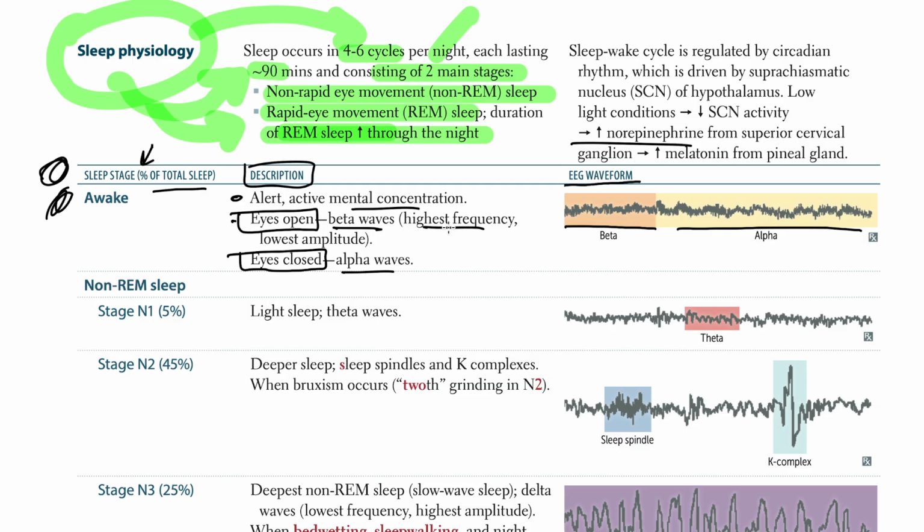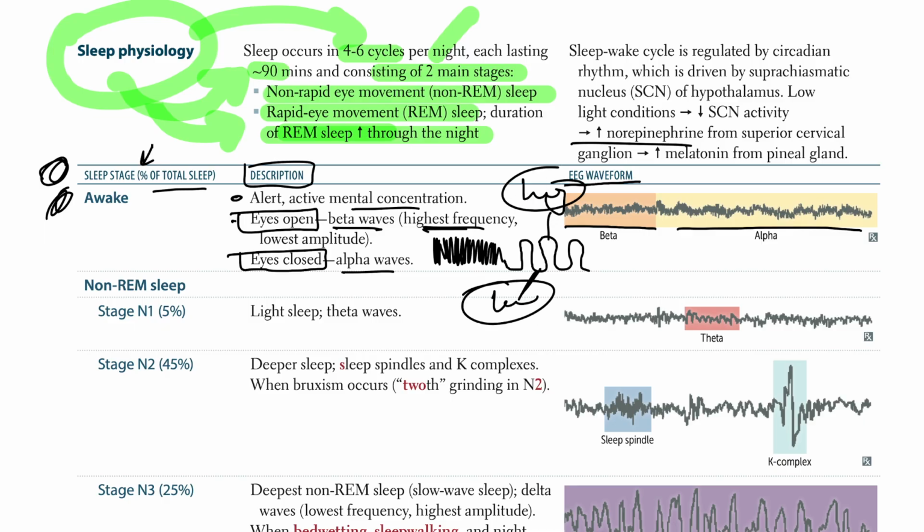So what they mean by high frequency and low amplitude is, high frequency is this, like it's a high frequency. A low amplitude is, for example, this is going to be low amplitude and this is high amplitude.